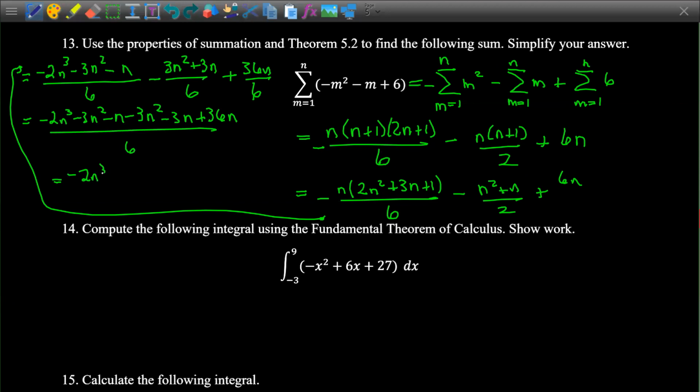So we have minus 3n squared. Minus 3n squared is minus 6n squared, minus n, minus 3n, and then plus 36n. It's going to be 32n. So we would have minus n cubed minus 3n squared.